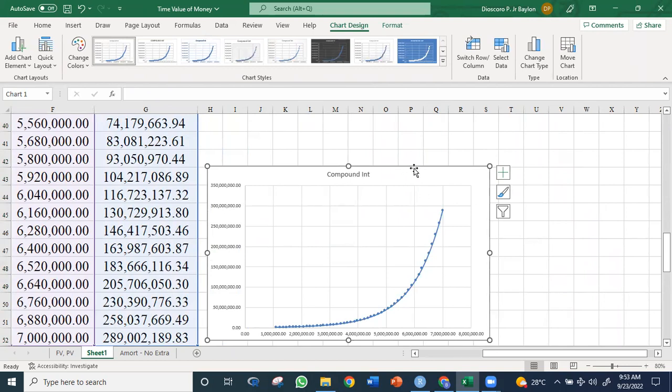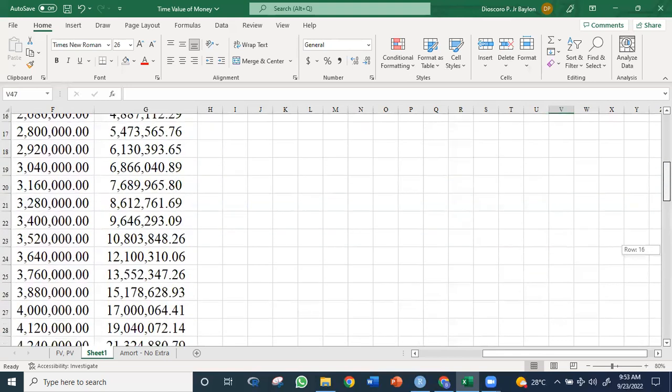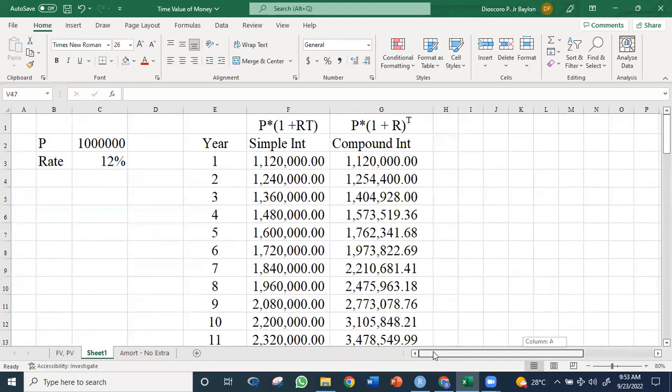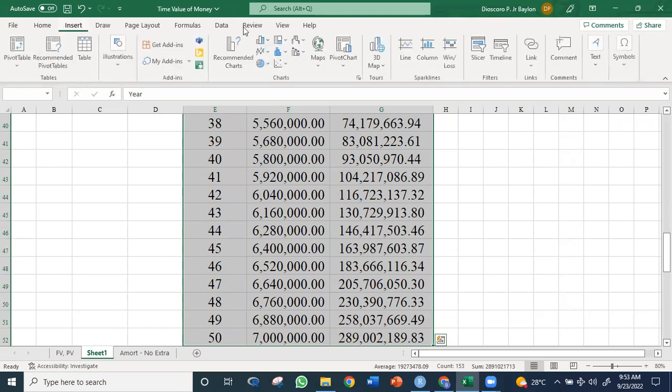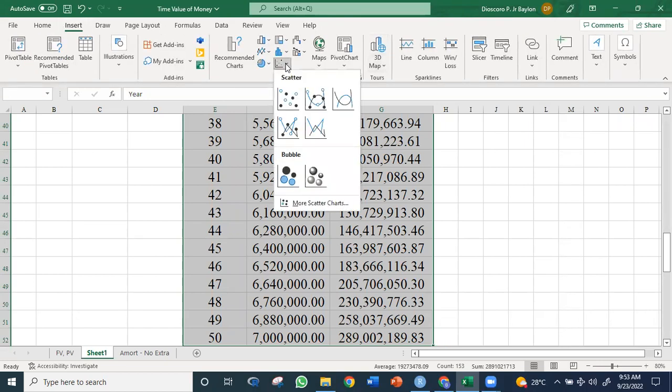Okay, so this is the wrong graph, because I did not include the year. I should have included the year. My mistake. Control Shift down arrow. I'll illustrate first, class, and then I'm going to redo the process.